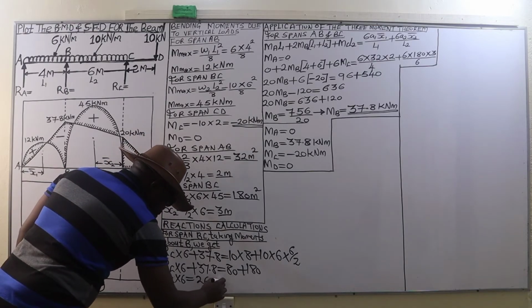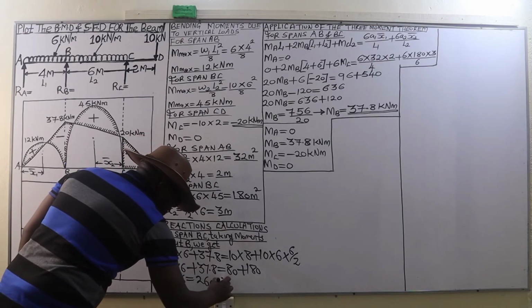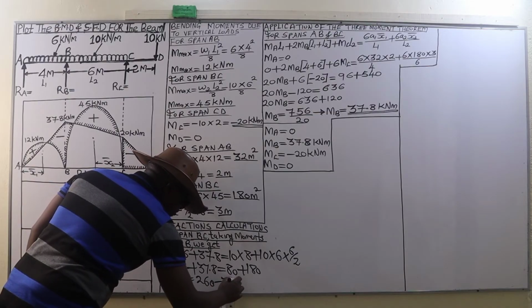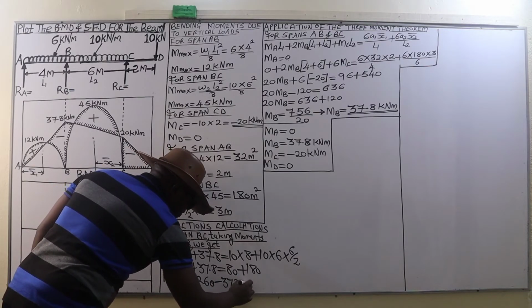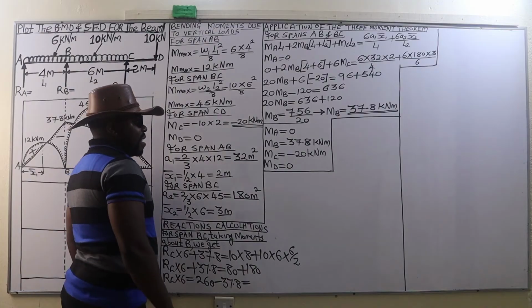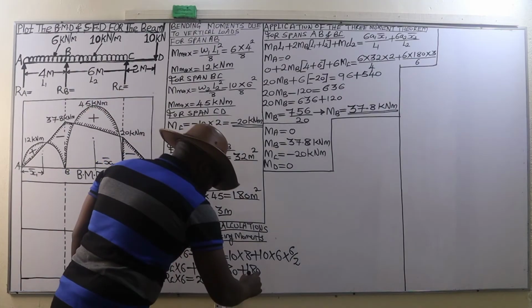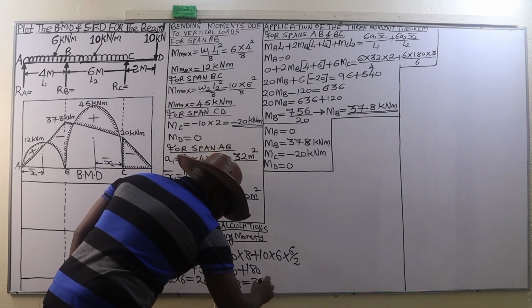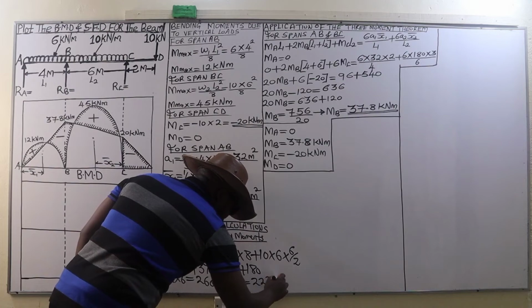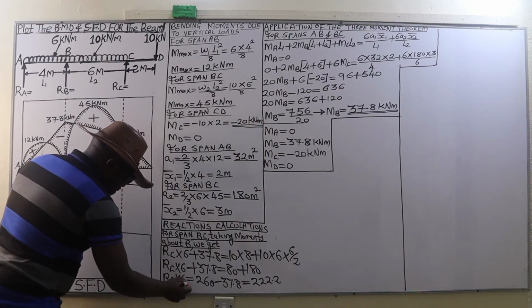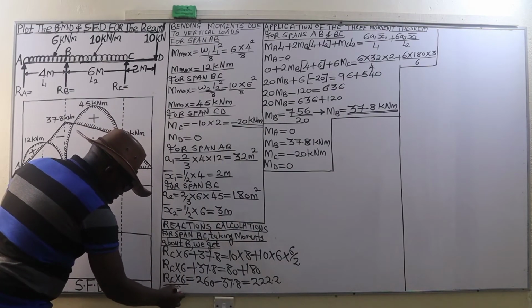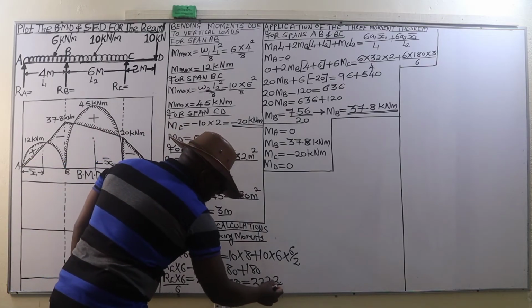Then we subtract this 37.8, so minus 37.8, which is going to give us 222.2. And to get the value of RC, we are going to divide both sides by 6.